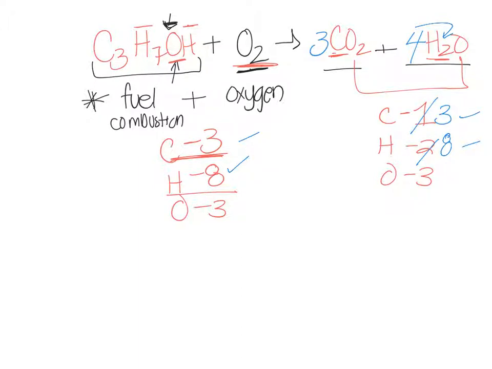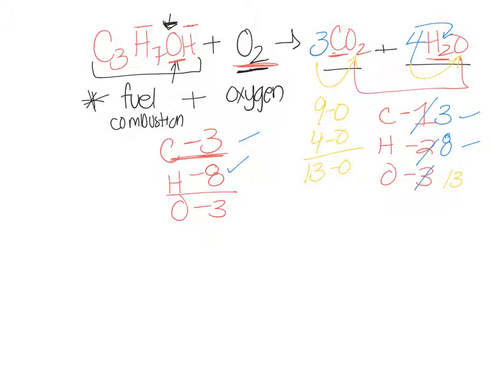Okay, and then I'm going to look at the oxygen, because the oxygen cannot be 3 anymore. The oxygen is now 3 times 2, right? That's 9 oxygens in this one, plus 4 more oxygens from that one. So I have this weird number, which is 13 oxygens.